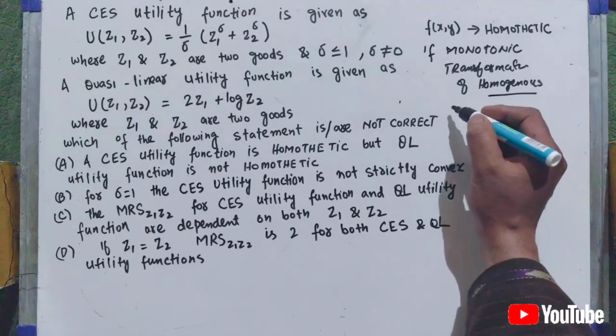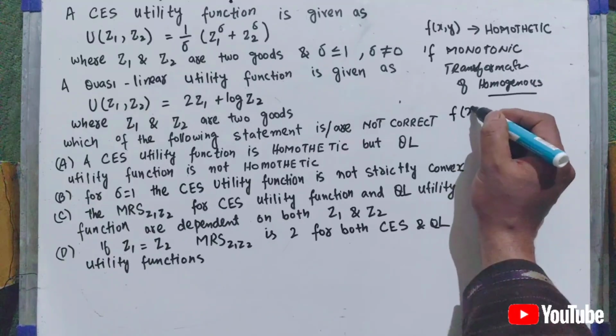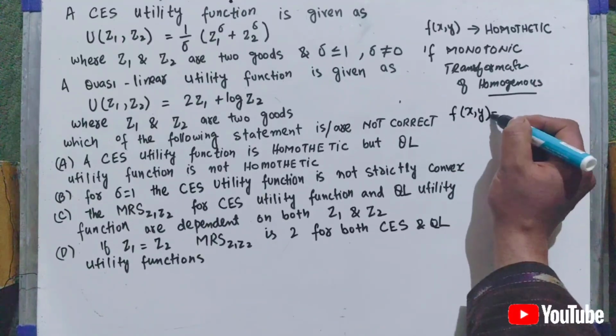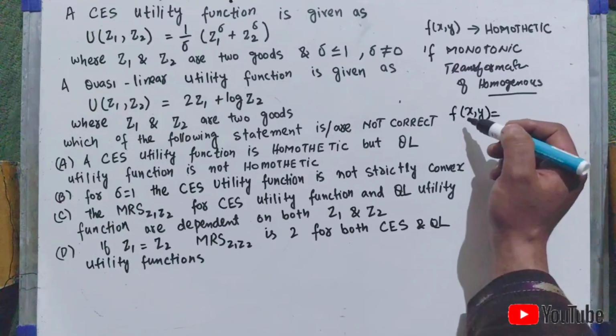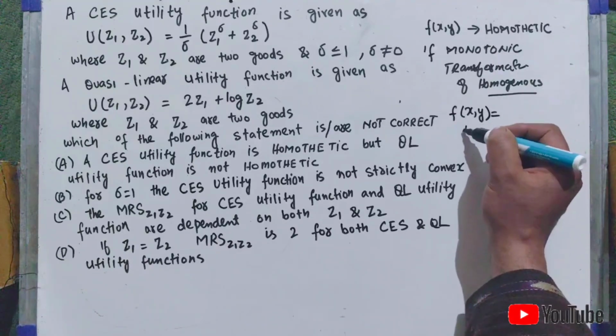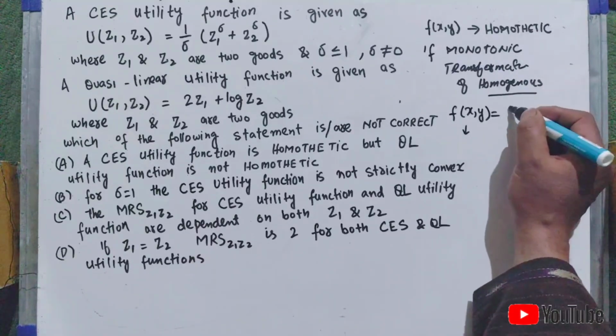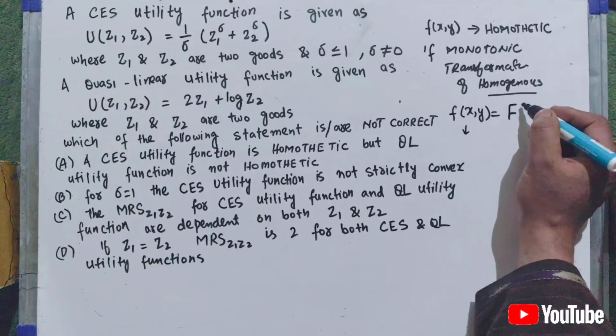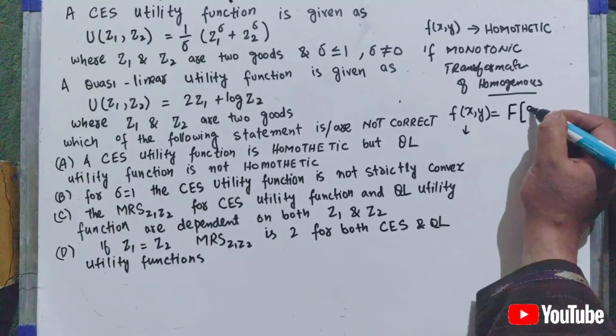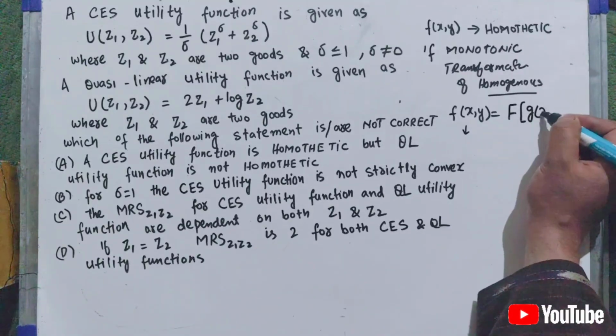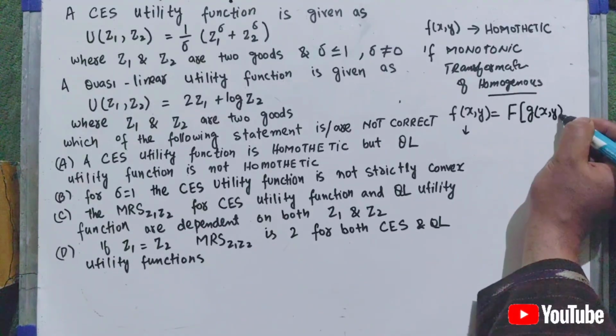To give an example, let us say f of x, y is a function. We say f of x, y is a homothetic function if it is equal to capital F of a composite function g of x, y.